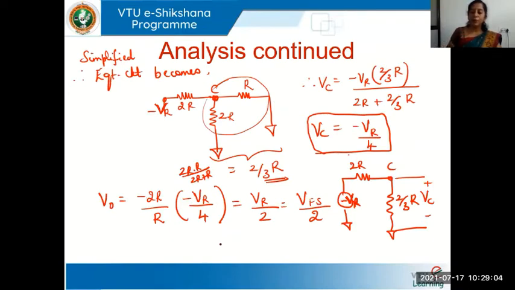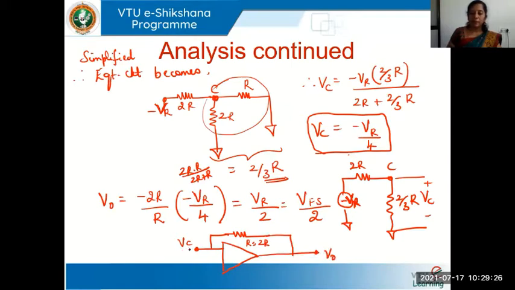So now if you look at the op-amp structure, we have this voltage VC connected here. And what do I have here? I have the resistance RF, which is equal to 2R, and this is where we measure the output voltage.